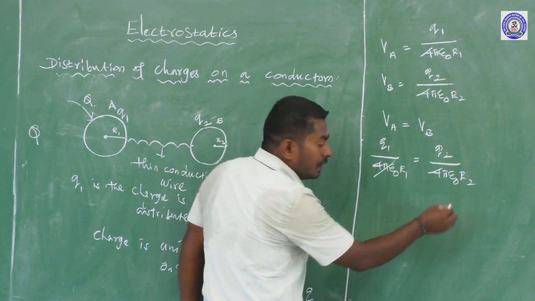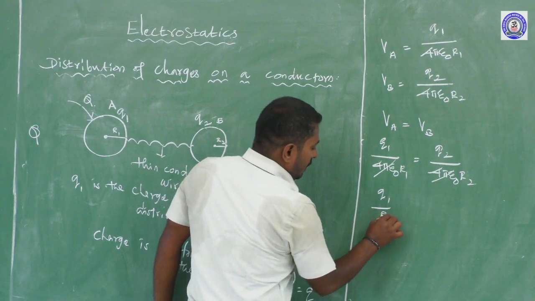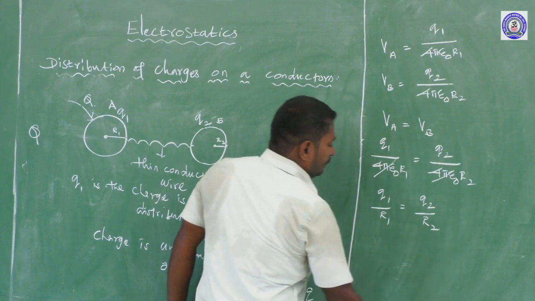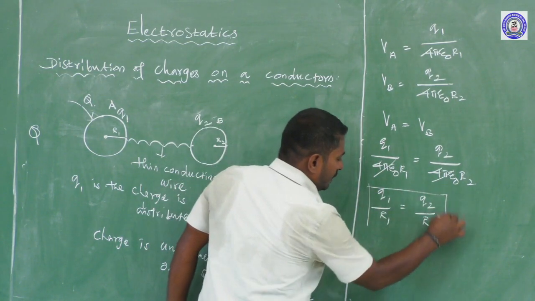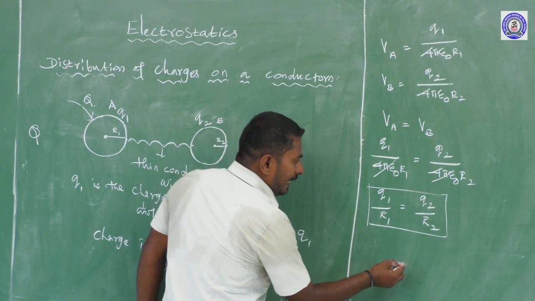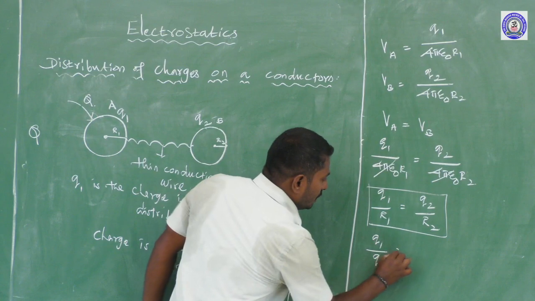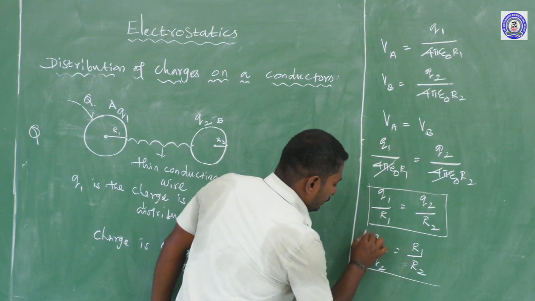The 4 pi epsilon naught cancels out. Then Q1 divided by R1 is equal to Q2 divided by R2. This is the important expression. Rewriting it another way, Q1 divided by Q2 is equal to R1 divided by R2.